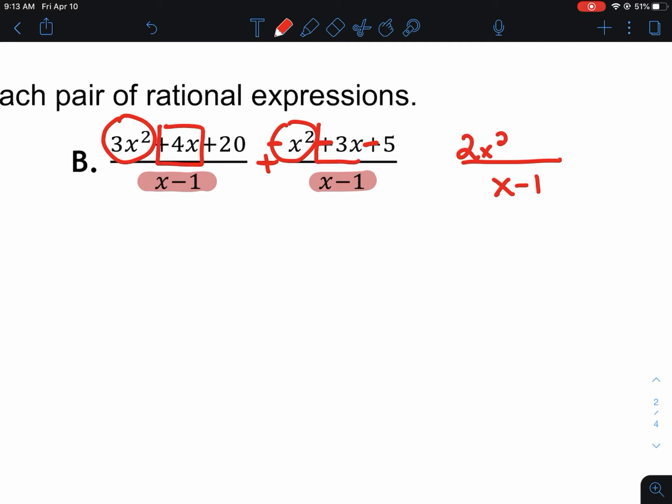I have 4x minus 3x, which is 1x. And then I have 20 minus 5, which is 15. And that's my final answer.